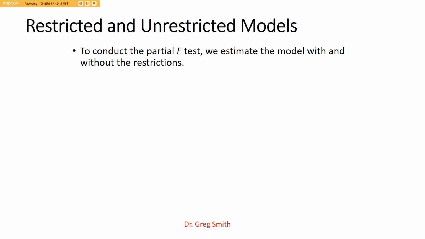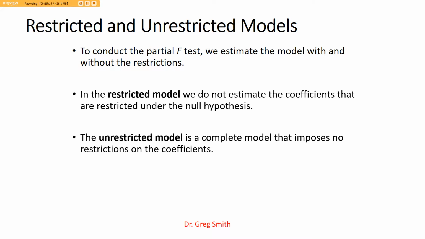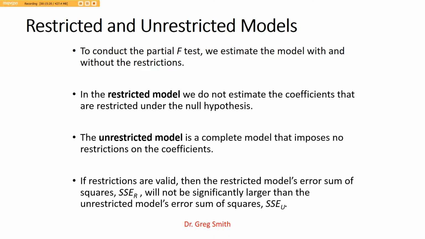What we'd like to do is look at a restricted model where we don't estimate particular variables and their coefficients versus an unrestricted model, which is an everybody-in model. And what we're going to do is compare the sums of squares of their white noise or just random error of the restricted and the unrestricted.